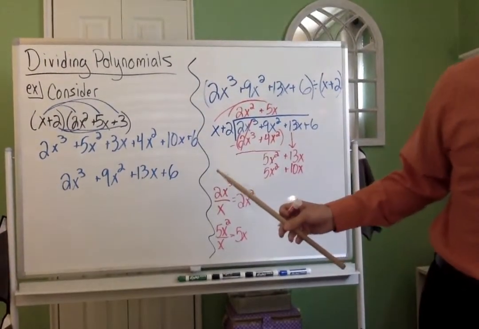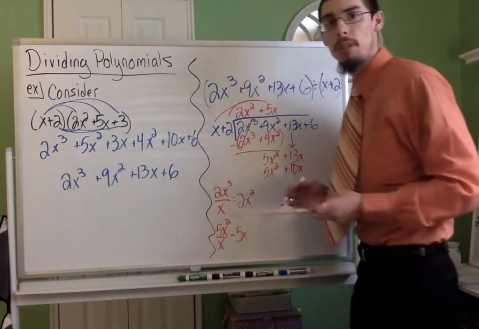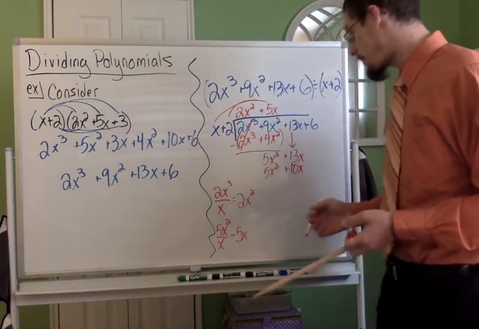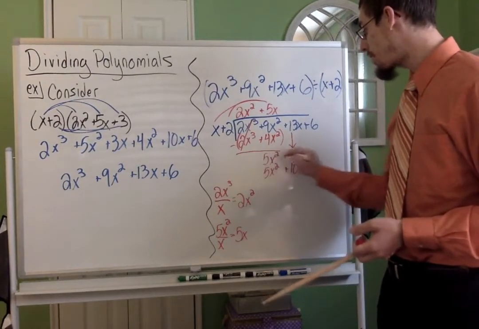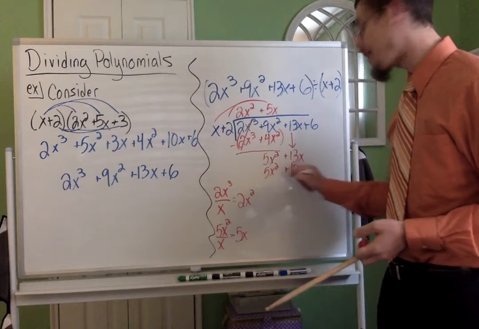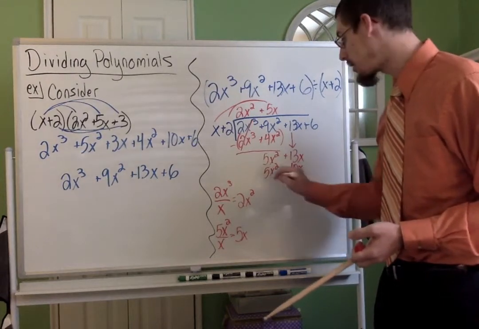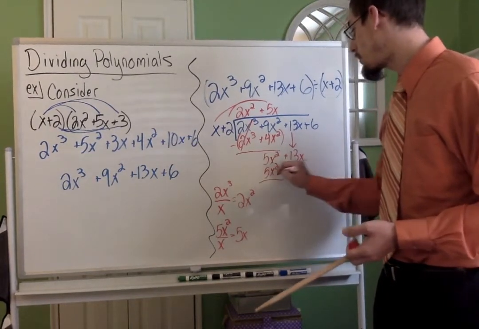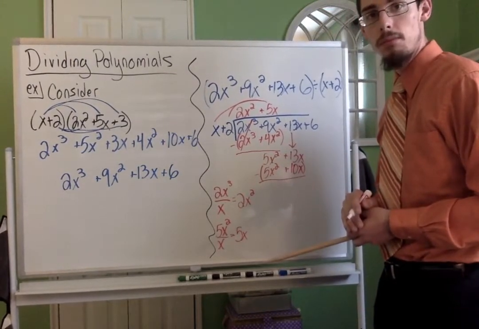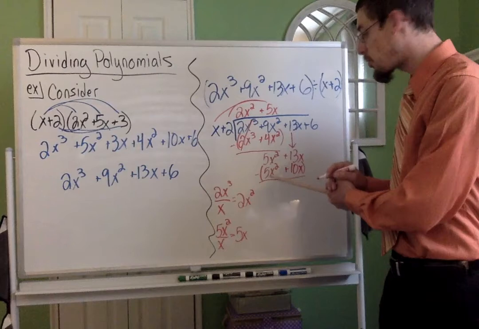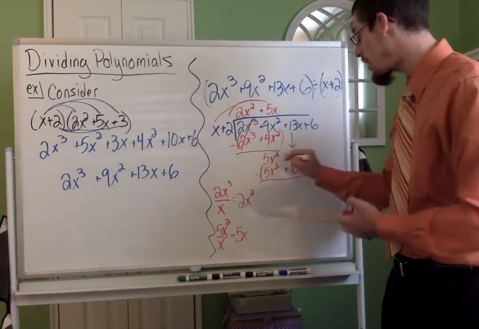So, let's take a look at what we have now. So, 5x squared plus 13x, 5x squared plus 10x. I'm going to have to subtract again. So here we have 5x squared minus 5x squared.